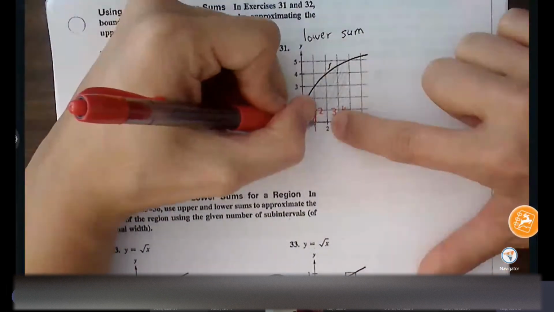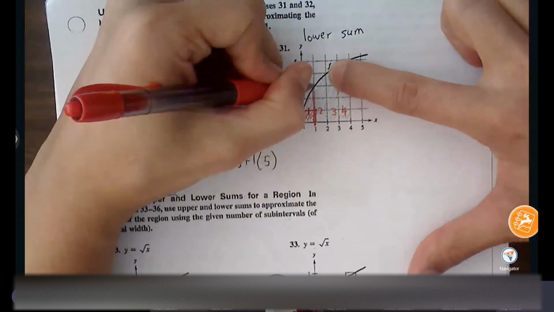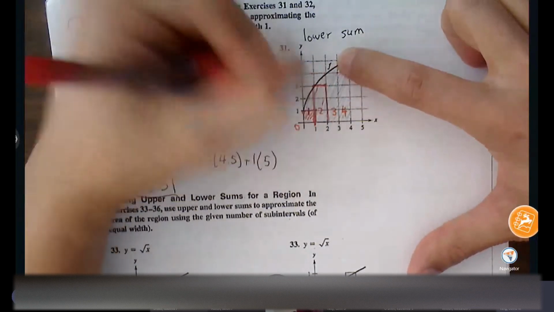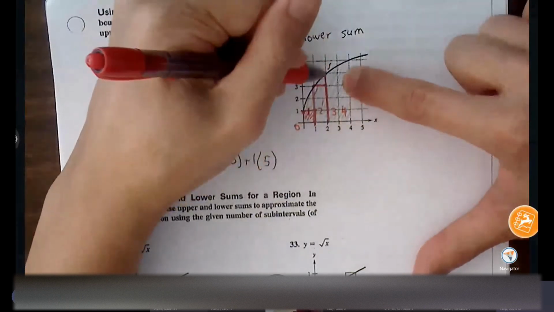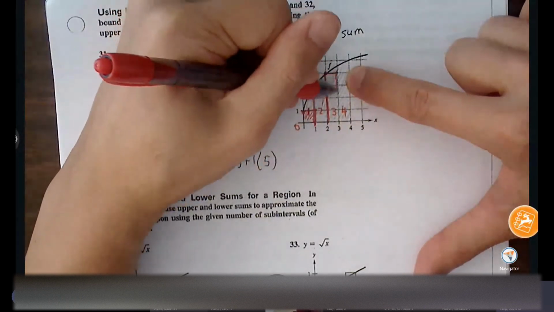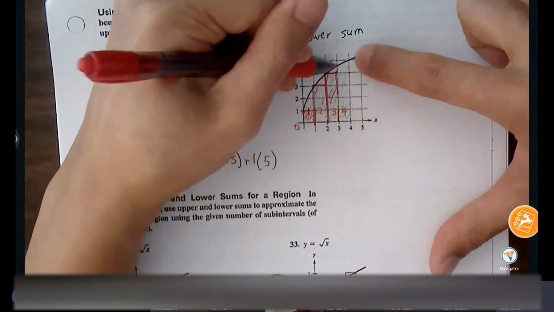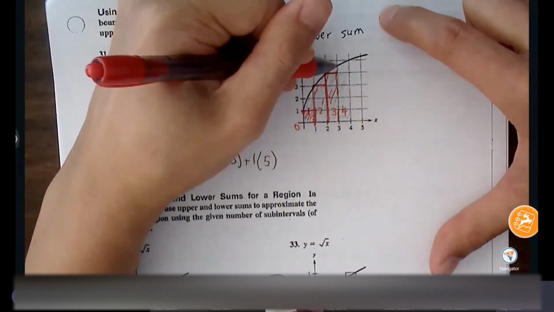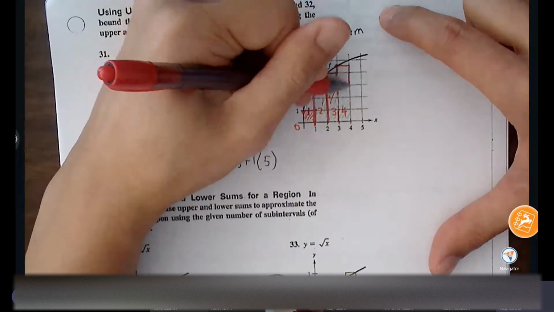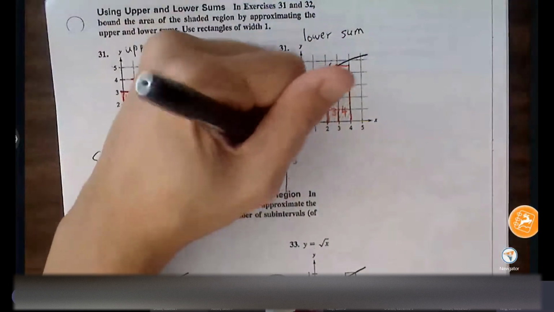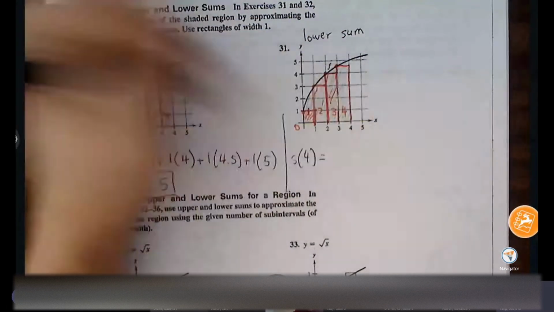For the second subinterval, we want to choose f of 1 versus f of 2. f of 1 is lower. For the third subinterval, we want to choose f of 2. And then for the last interval, we'll choose f of 3. Okay.